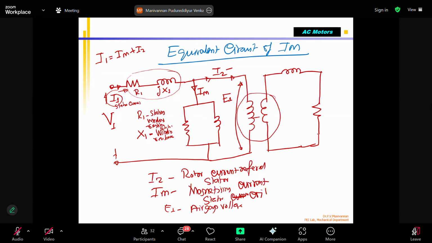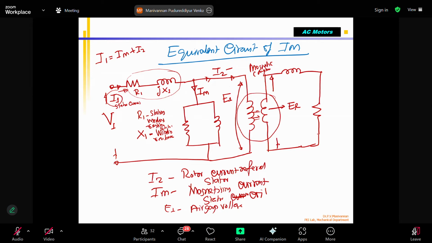That is going to induce a voltage in the rotor. The voltage induced here is called ER. You may imagine that this is a transformer. This is called magnetic coupling, correct? Stator and rotor are magnetically coupled.